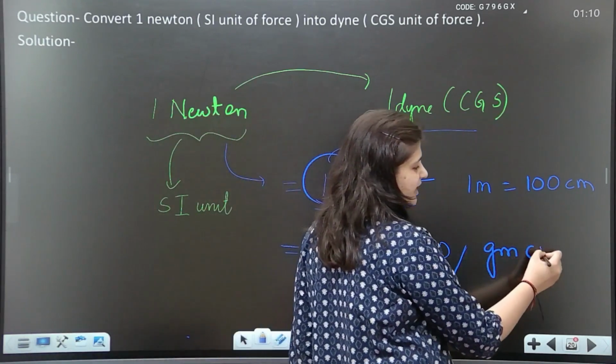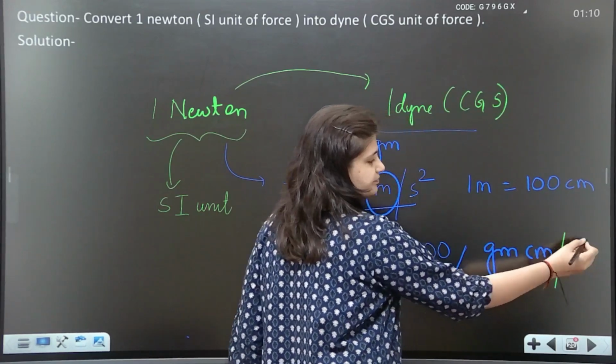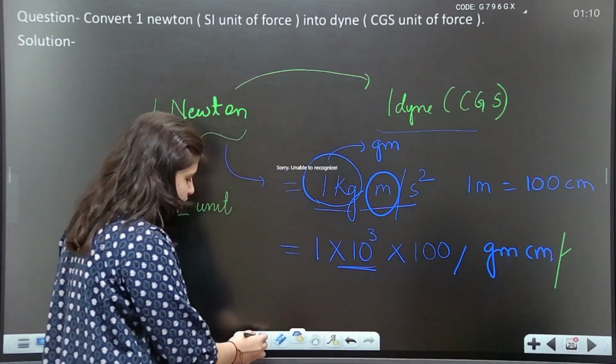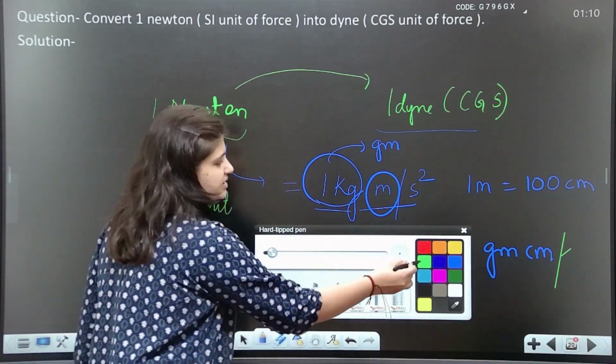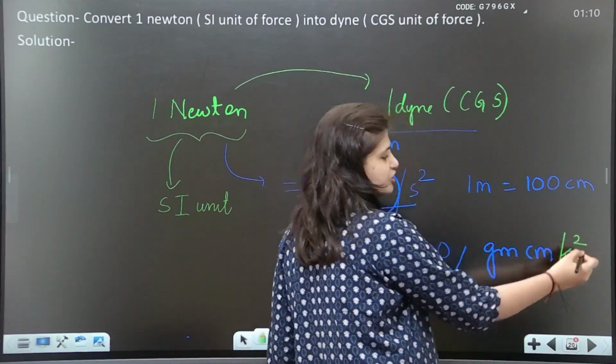So for meter we write it in centimeter, and then per second square. So this comes out to be gram centimeter per second square.